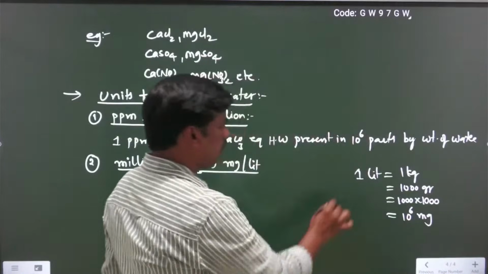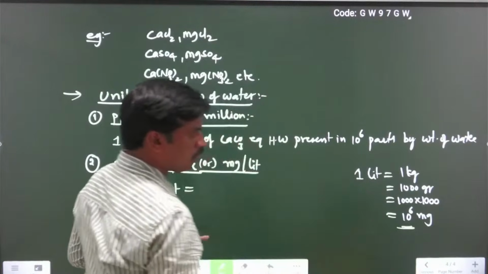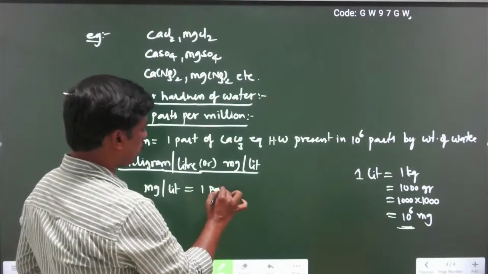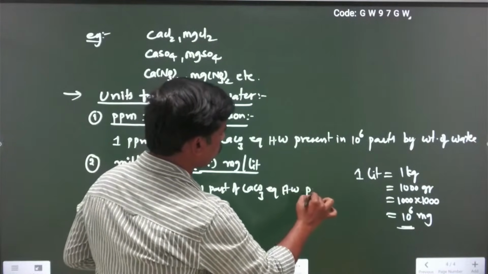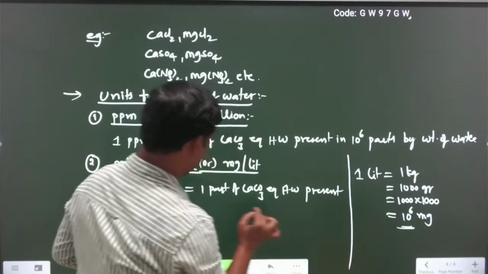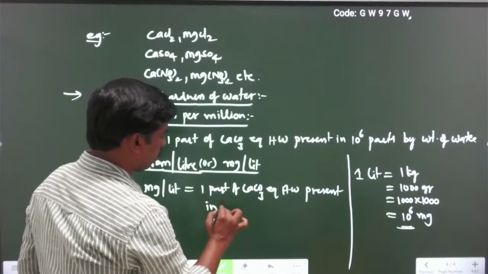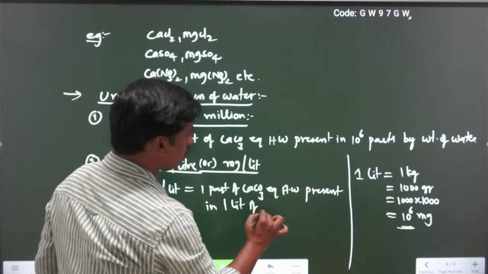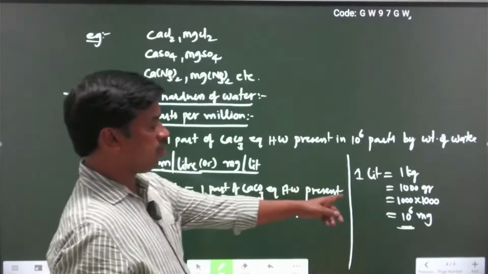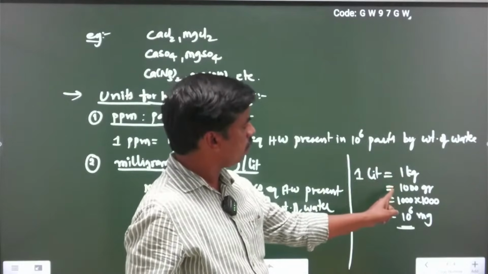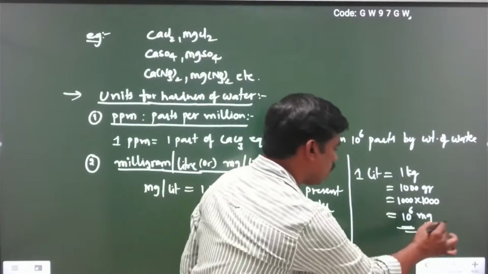So milligram per liter means 10 to the power of 6 parts, which means 1 part of CaCO3 equivalent hardness present in 1 liter of water. 1 liter is equal to 1 kg, which is 1000 grams, which is 1000 into 1000 milligrams, so finally we get 10 to the power of 6.